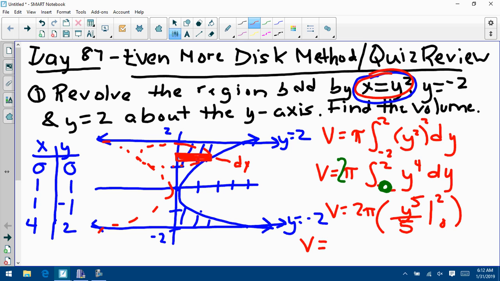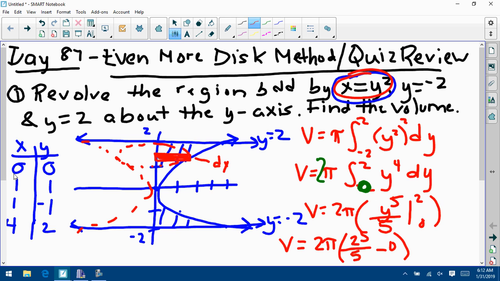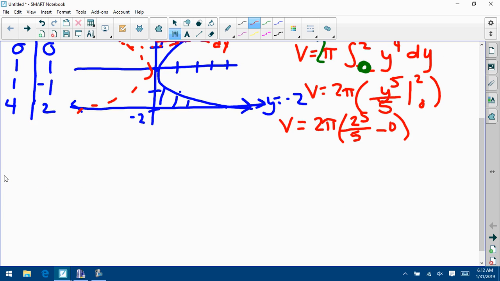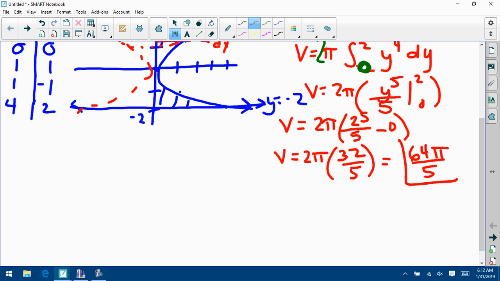So volume is going to equal 2 pi times 2 to the 5th over 5 minus 0. And 2 to the 5th is 32, so 2 pi times 32 over 5 is going to end us up with 64 pi over 5. And again, you'd get the same thing if you had done the -2 to 2 thing as well.